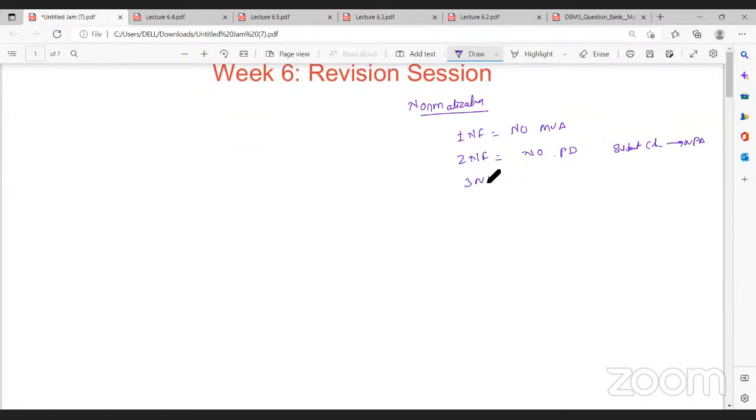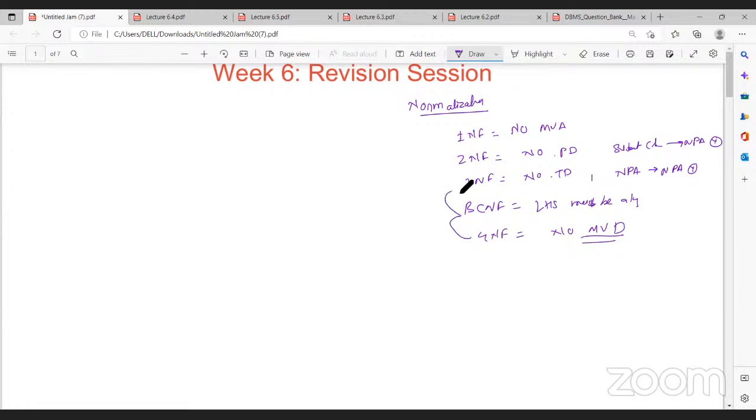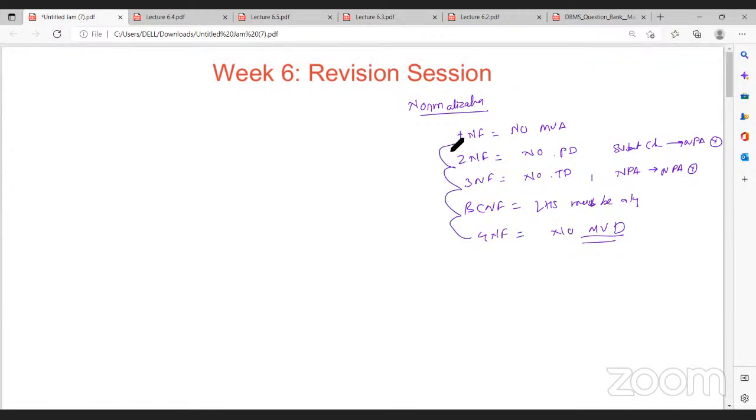Then 3NF: no transitive dependency, meaning a non-prime attribute determining a non-prime attribute. This is not allowed. And BCNF: the left-hand side must be a key. And 4NF: there should be no multivalued dependency. So if the relation is in 4NF, it must be in BCNF, 3NF, 2NF, as well as 1NF. Okay, so this is week 6.